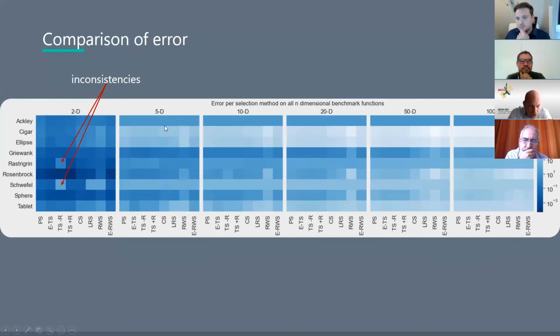So for the cigar function, the tournament selections outperform all other methods, but do they outperform more or worse on higher dimensionalities? That I don't know. As you can see, the difference diminishes, so at least the colors become less separable.